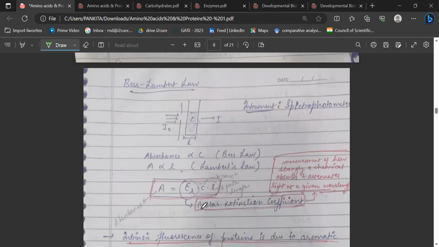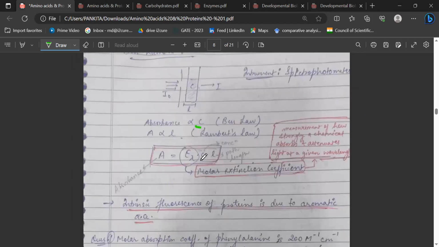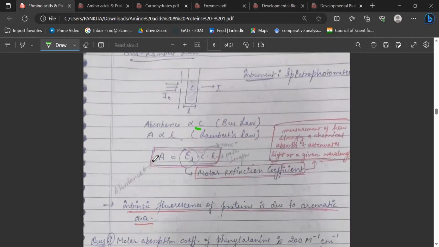Moving on to the Beer-Lambert law, the instrument used is a spectrophotometer. This law basically states that absorbance is directly proportional to the concentration, and the absorbance is also directly proportional to the path length.